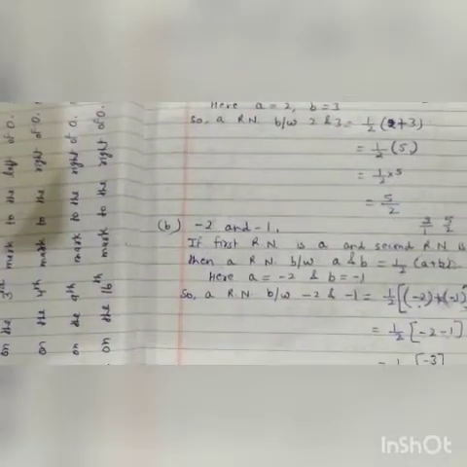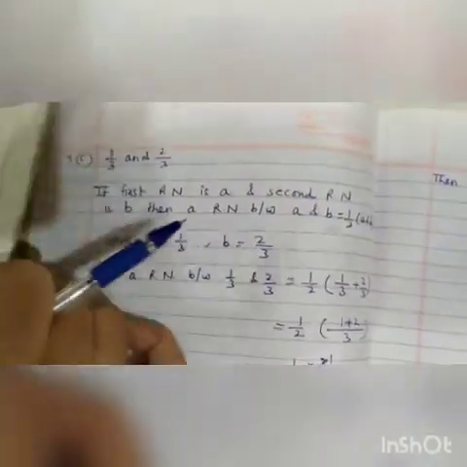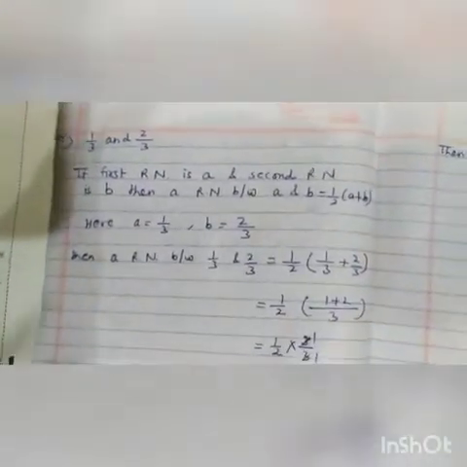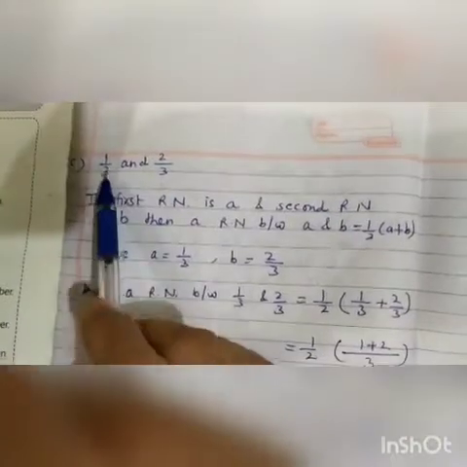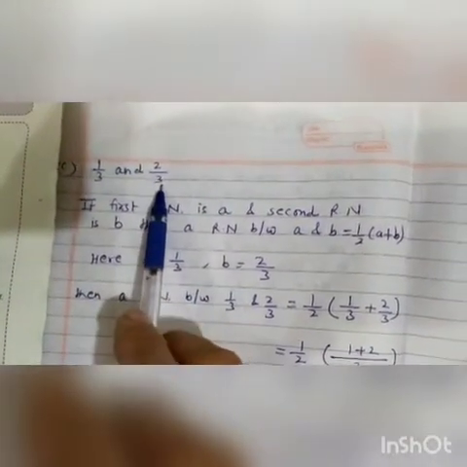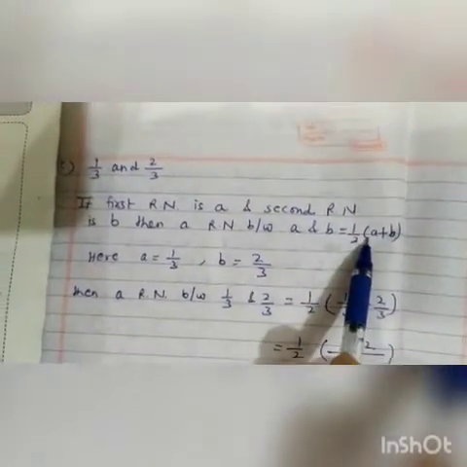Now come to its C part. Its C part is given rational numbers are 1 upon 3 and 2 upon 3. Again we will write the same line.